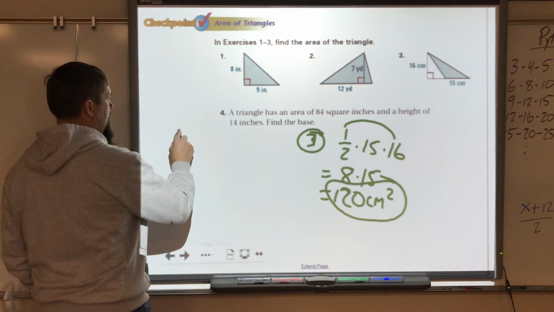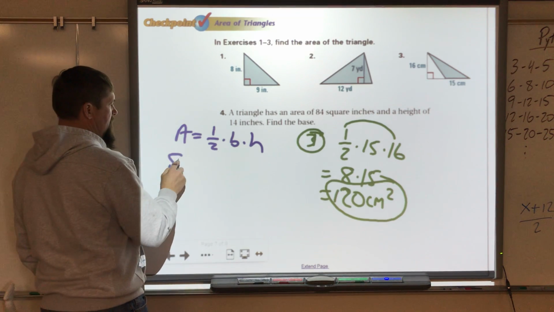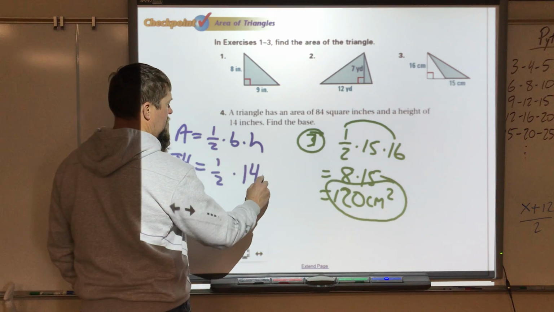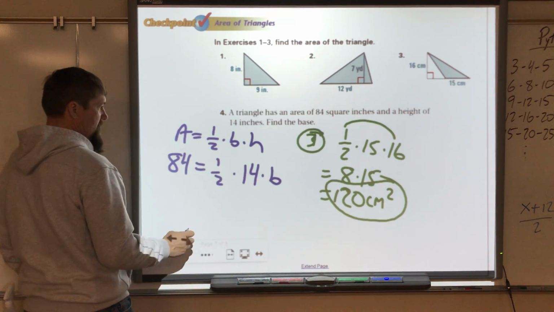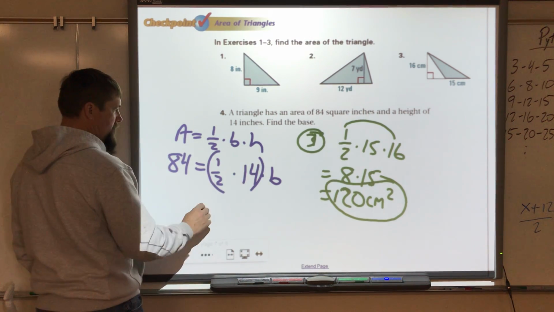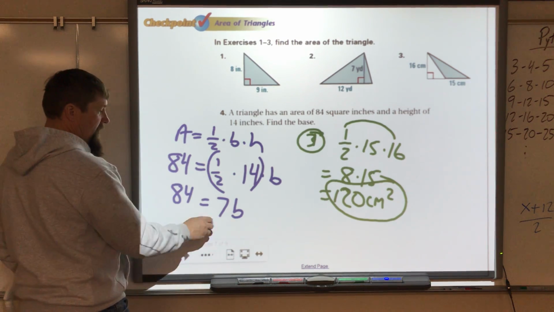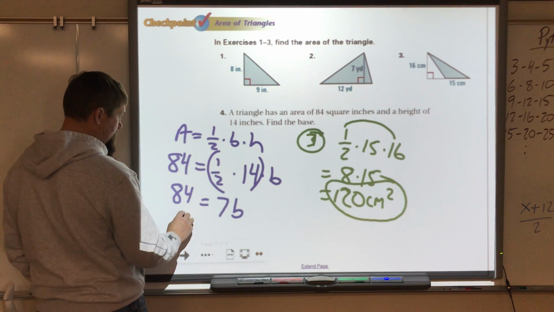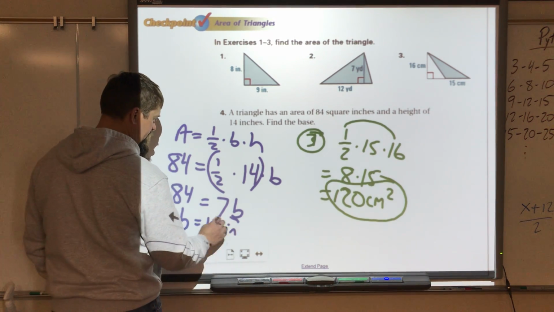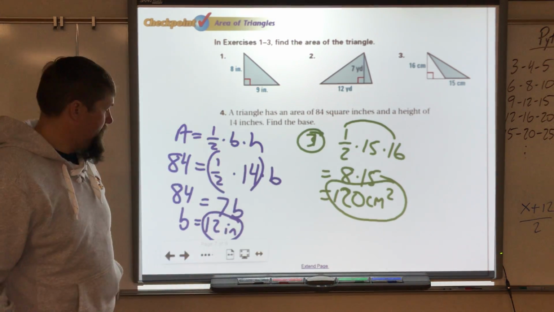Number 4, the area is 1/2 the base times the height. The area is 84, 1/2 of 14 times the base. Now I could multiply by 2, but I could actually easily multiply this first and get 7. And then divide by 7 and I get 12. 12 and it's inches. Again, not inches squared because it's a length.